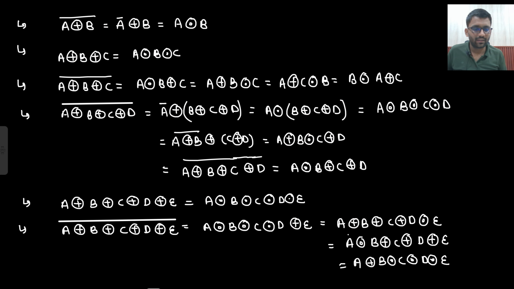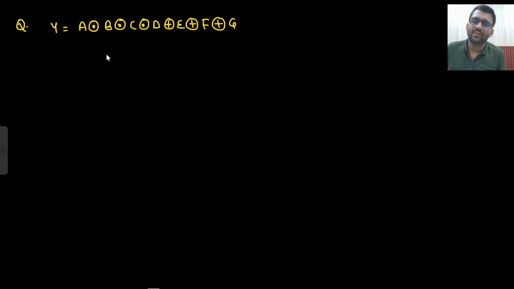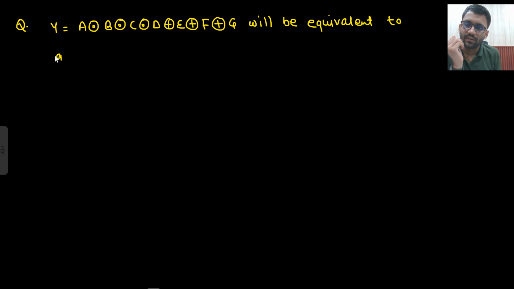So one more thing I will write. Let's write down a question only. Question: y is equal to A XOR B XOR C XOR D XOR E XOR F XOR G, 3 3 6 7 will be equivalent to: option A, A XOR B XOR C XOR D XOR E XOR F XOR G whole bar.